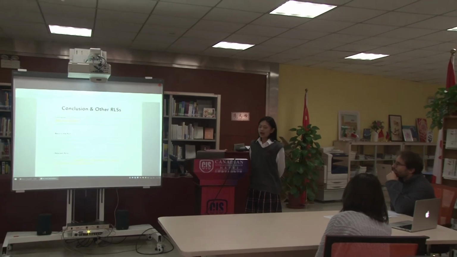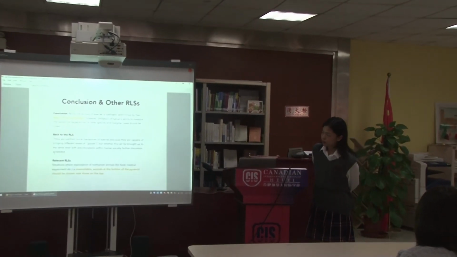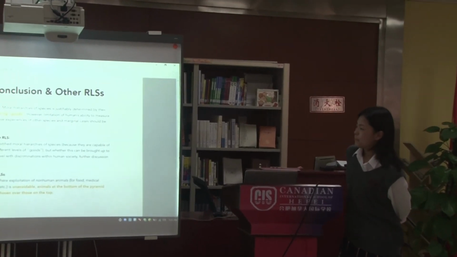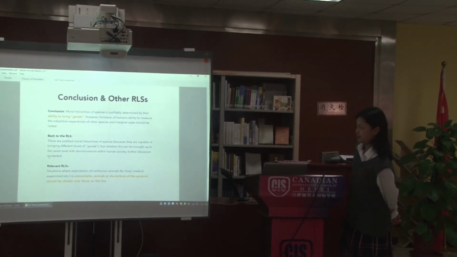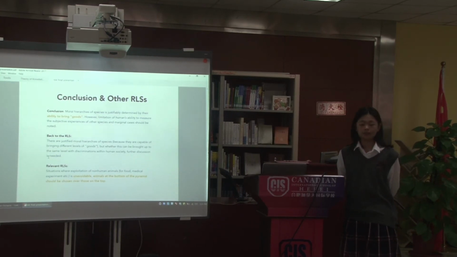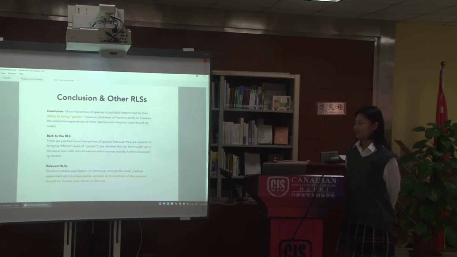And going back into the real-life situation, the conclusion we get here is that there are justified moral hierarchies of species because they are capable of bringing different level of goods. However, whether this can be brought up to the same level with discrimination within human society, like discrimination based on skin color or on gender, still needs further exploration and discussion.